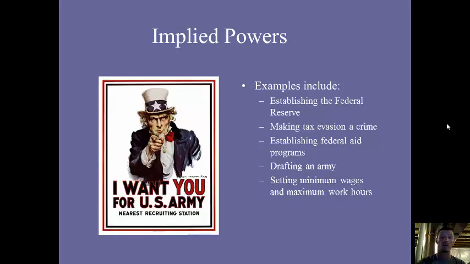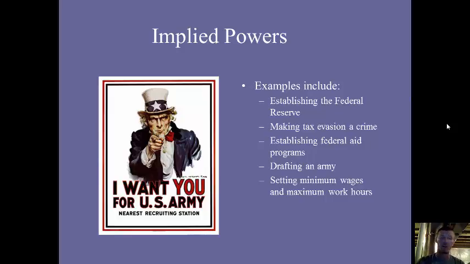All right, any federal aid program, Social Security, Medicare, Medicaid, all these things were created by Congress in order to help out people that were retired or elderly, or to help out people that were in need of medical care. Welfare will be another example of this. So these are things that aren't in the Constitution. Nothing about welfare or Social Security is in the Constitution.